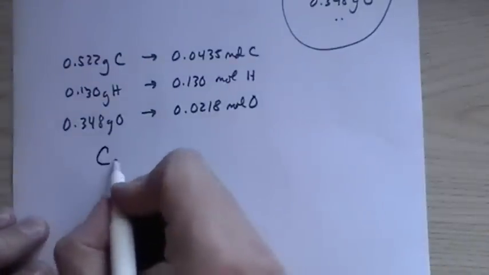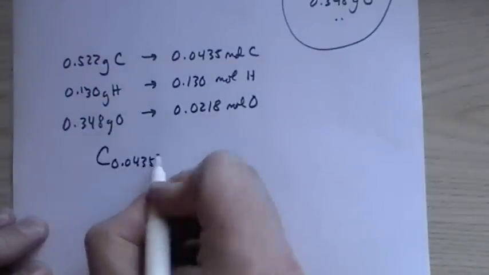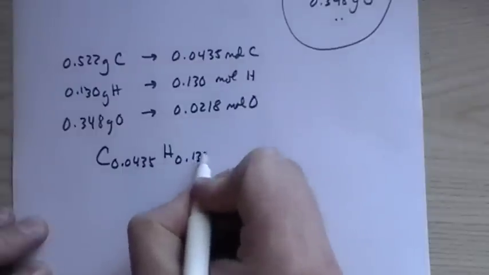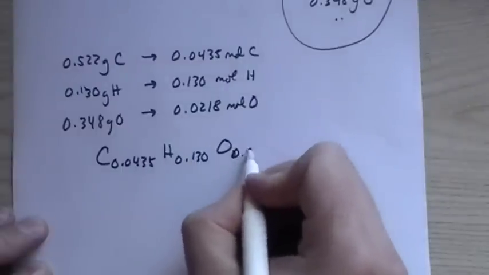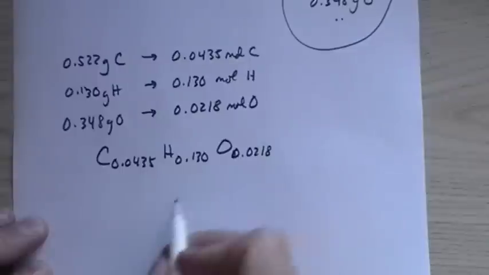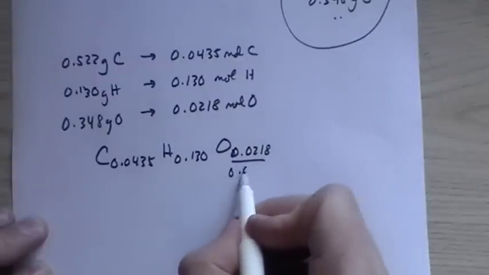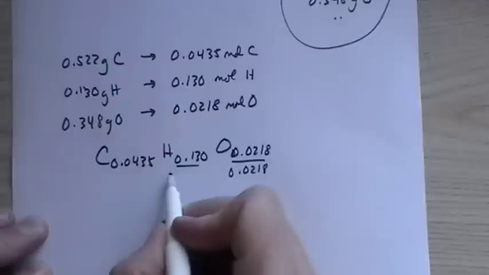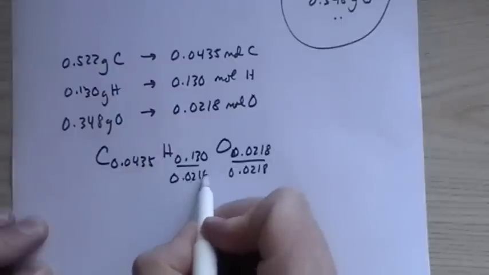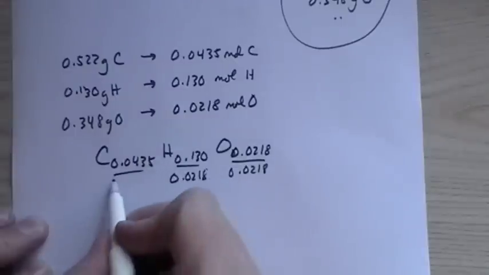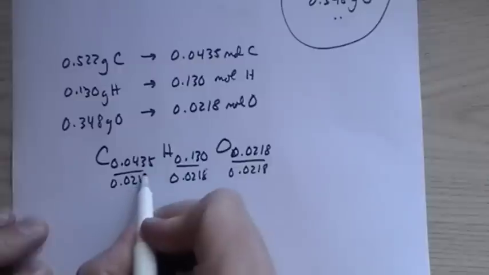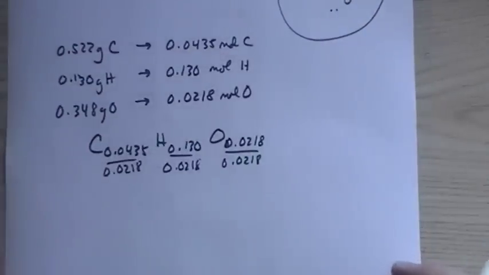Now we have carbon, 0.0435, hydrogen, 0.130, oxygen, 0.0218. This is the smallest number. That generally is the case for organic compounds. If you get into organic chemistry, you'll see it's very tough, when you go by moles, to have more oxygen than hydrogen. It can be done, but it just doesn't come up too much.